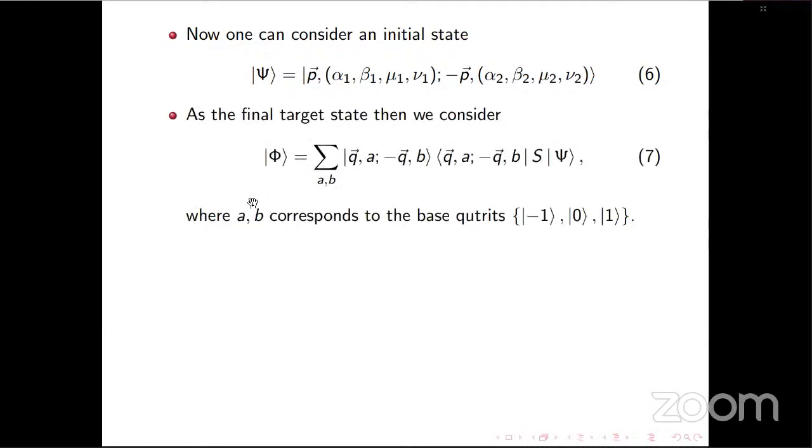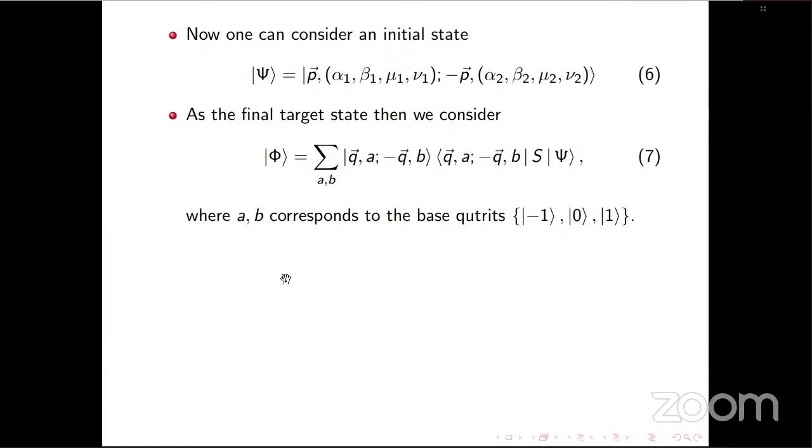Now, as a final target state, we will consider this state phi, which is obtained by first acting S on psi, but then taking a projection onto the two particle states, because S acting on psi will produce a whole plethora of states, since it can go to all kinds of states. You take a projection onto two particle states, so that your final state is a superposition of two particle states.